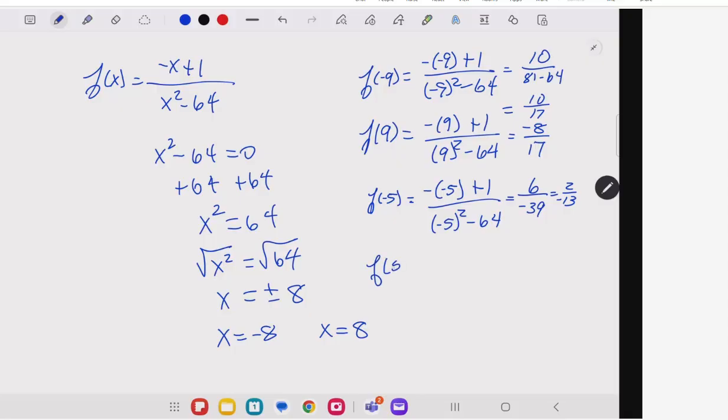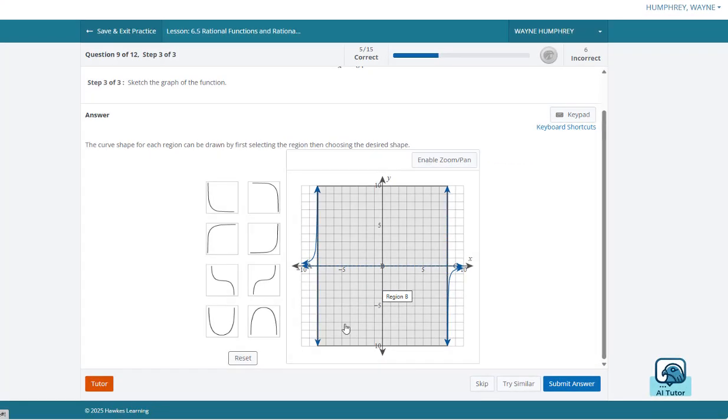And now let's do f of 5. So that would be negative 5 plus 1 over 5 squared minus 64. Negative 5 plus 1 is negative 4 over negative 39. So that's positive 4/39, and that gives me the information that I needed. So that tells me in region B, on this side it's below the x-axis, and then on this side it goes above the x-axis.